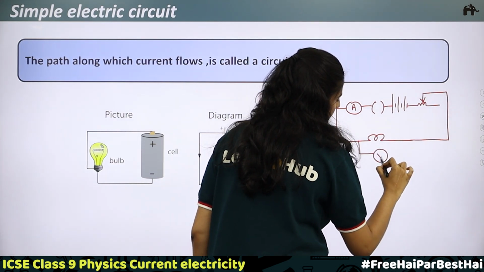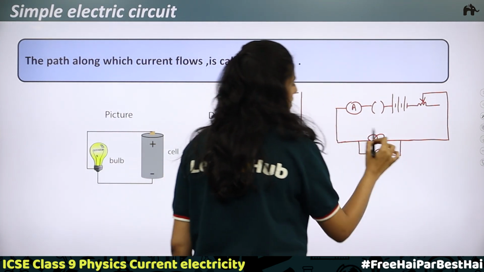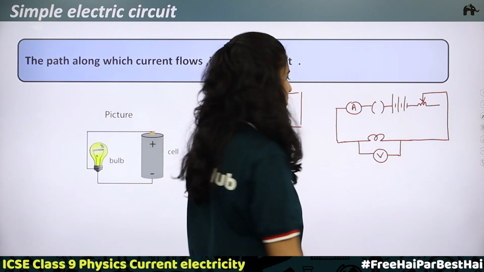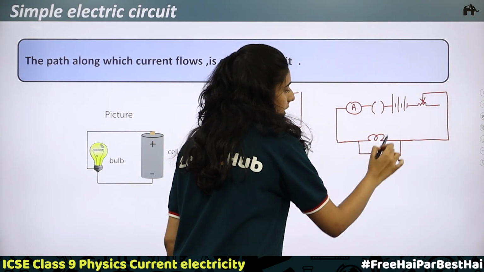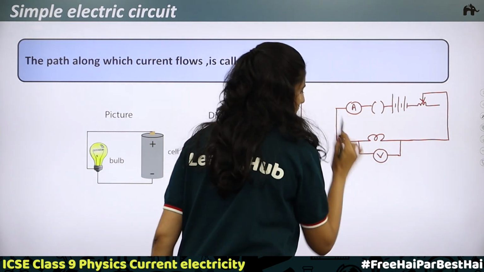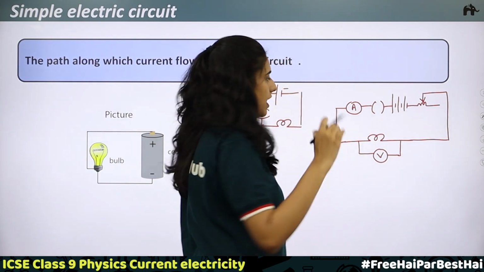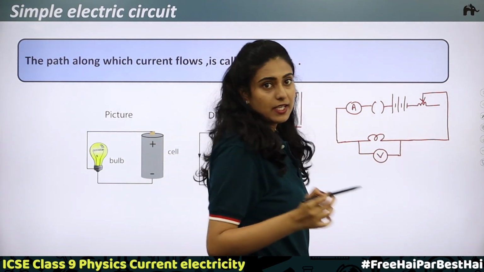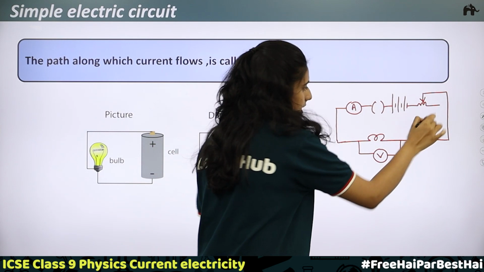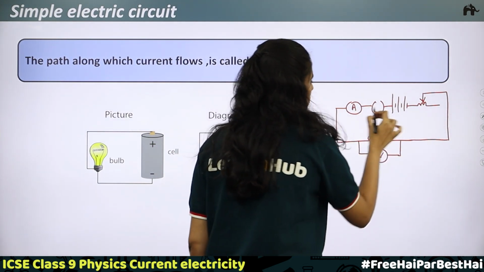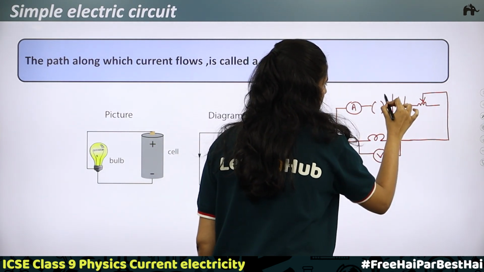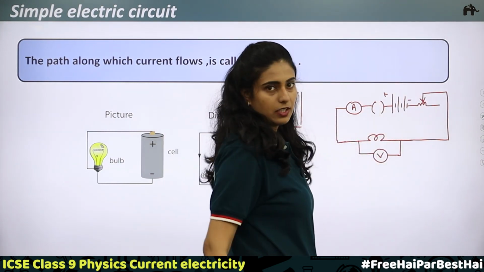The voltmeter is always connected in parallel to the main component, that is the load, bulb or heater, whatever it is. The ammeter will always be connected in series. Series means a continuous chain connection. Now, here you have the battery. This is the positive terminal, this is the negative terminal.